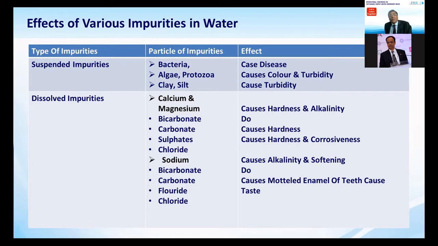What the root causes are, what the problems in the industry are, you will see. Likewise, the sodium which is present in the water is available as sodium bicarbonate, carbonate, and sodium chloride. And you can see the effects of these various ions and molecules present in the water.